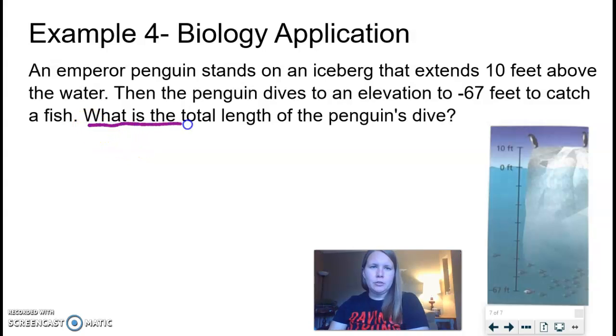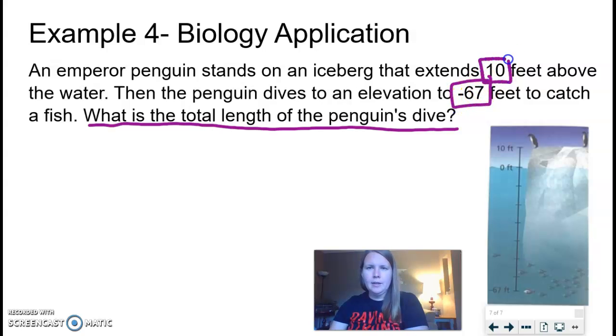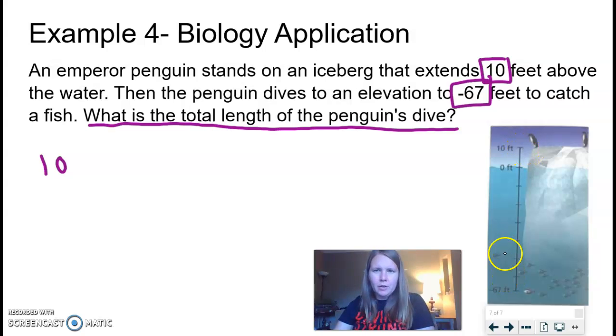So here's our actual problem, and we'll underline it. Things that are going to be important are this -67 and this 10. So he's going to go from 10 all the way down here. So what we're really going to do is we're taking 10, and he's going down.